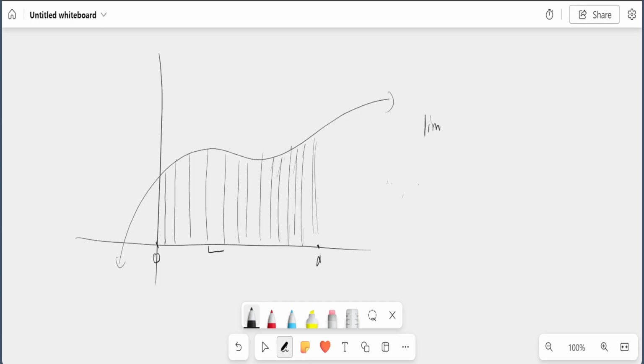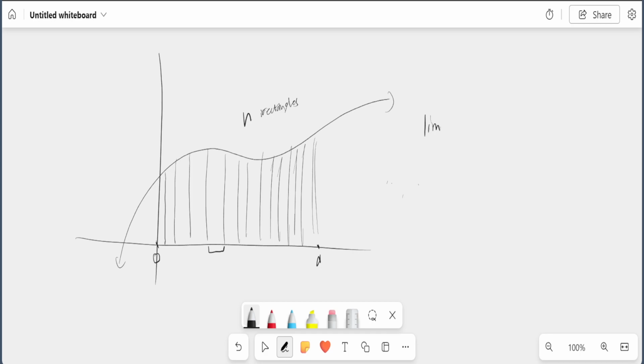What's the width of each of these rectangles? Let's say there's n rectangles. What would be the width of each rectangle if they're divided equally? It would be a over n, because we have a and we're dividing it into n rectangles.